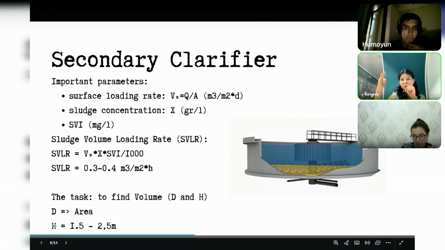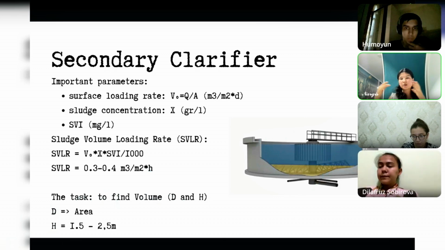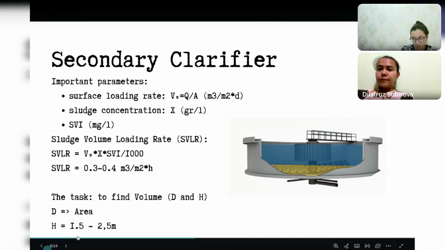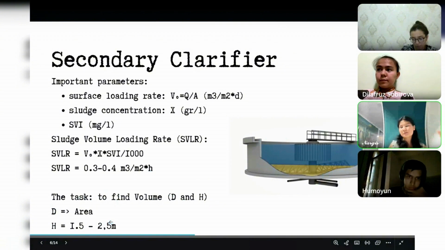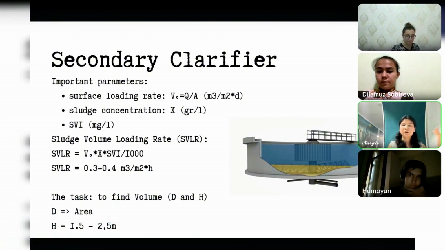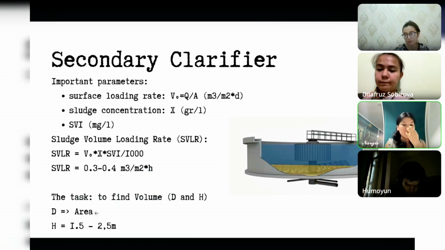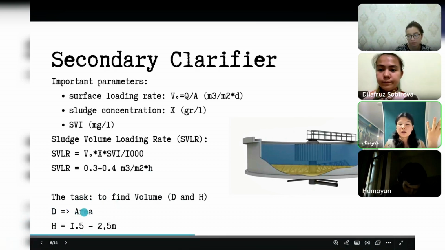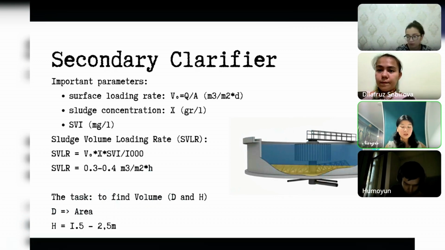So if you know the radius and the height of the tank, then you can find the volume of the whole thing, right? And the height is already usually given to you. It's prescribed. It should be somewhere from 1.5 to 2.5 meters. So you choose in between, usually 2 meters, right? And the radius you can find from the area of the secondary clarifier.